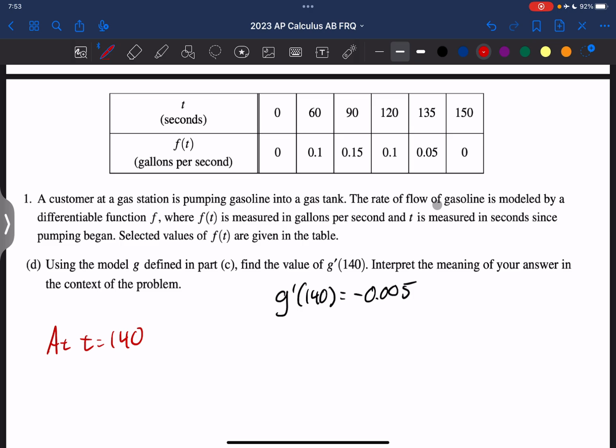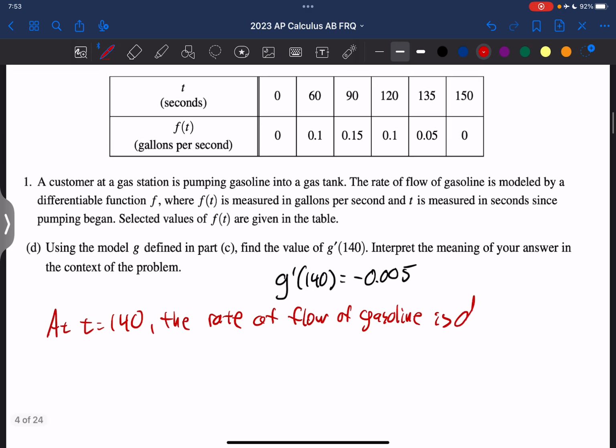So that means at t equals 140, the rate of flow of gasoline is, now this is negative, so that means it is decreasing at a rate of 0.005.